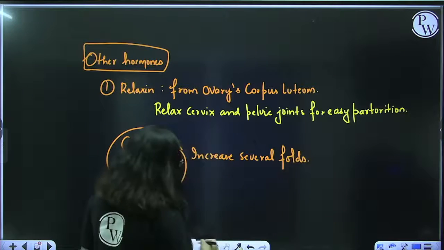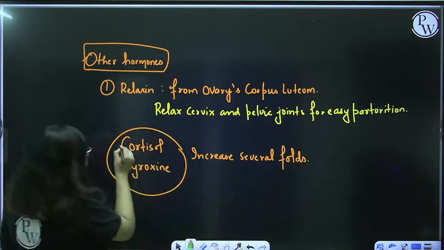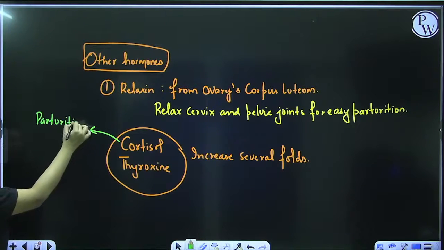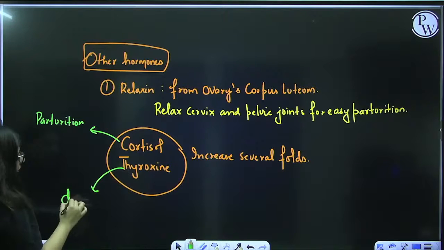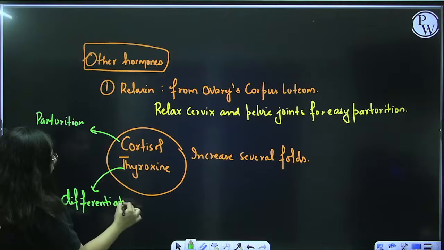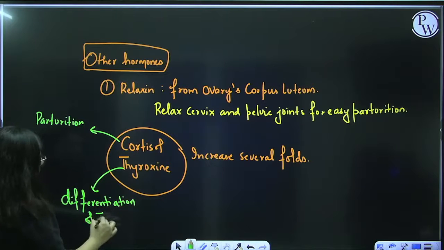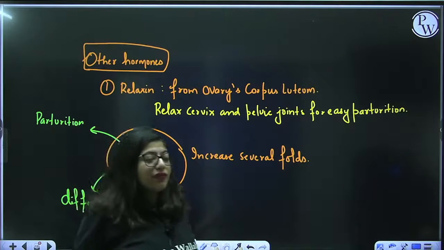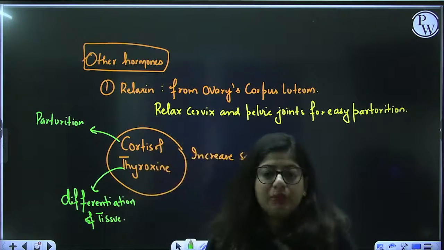Why? What's the role? So, cortisol has a role in the last phase, that is parturition. And thyroxine is very important because it helps in differentiation of tissues. If a female does not have an appropriate amount of thyroxine in her body, then the differentiation of the baby's tissue will not take place. Why?